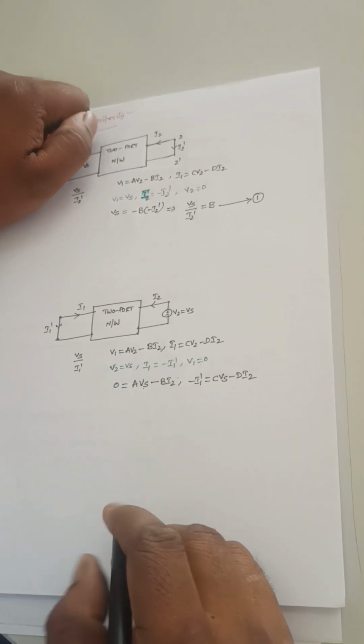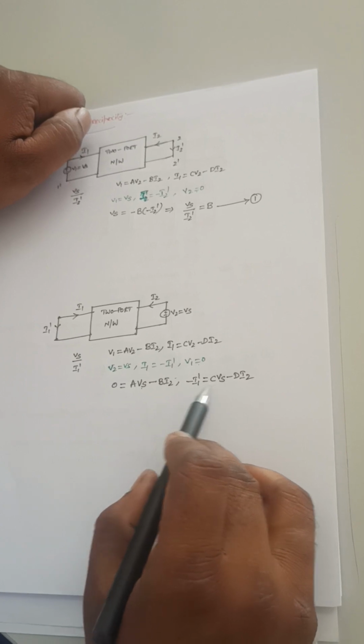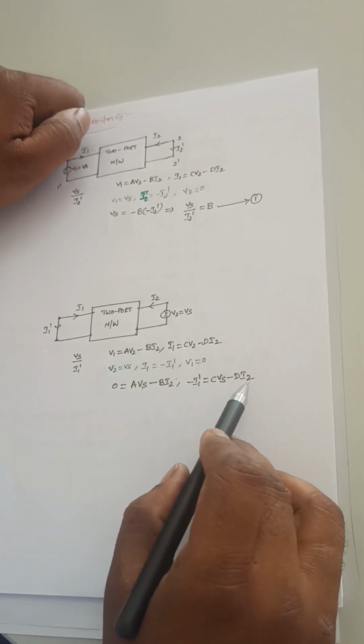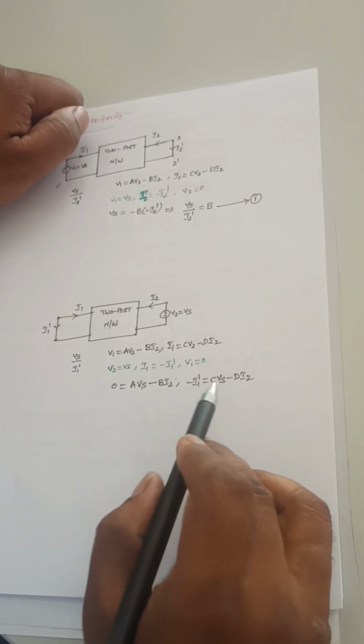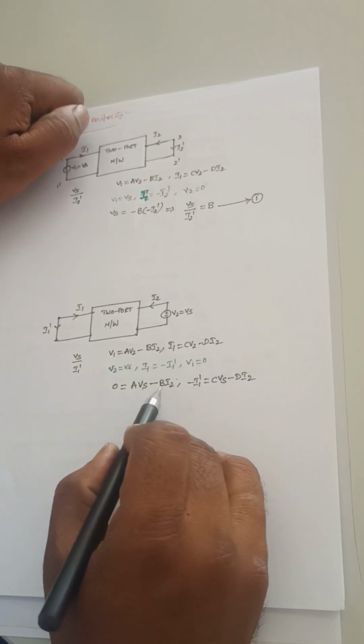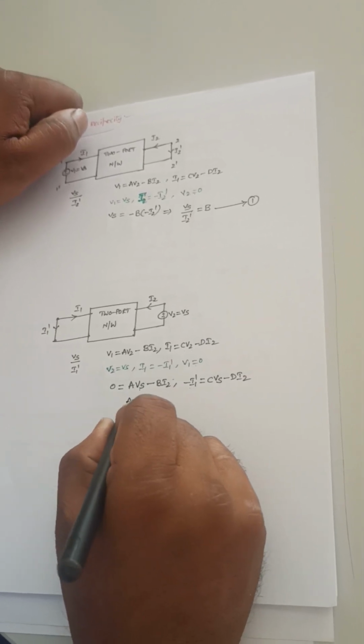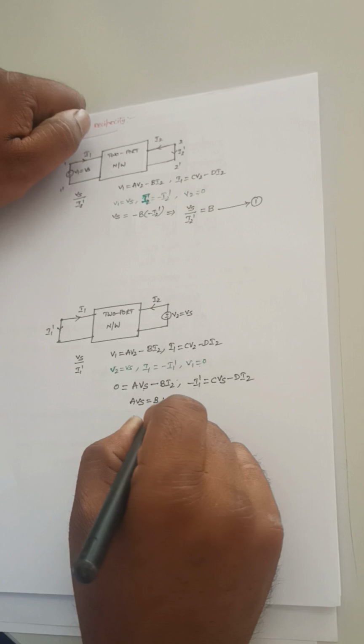What I need to find here is the value of Vs by I1 dash. So I should convert this I2 in terms of I1 dash and Vs. From this I can find A Vs is equal to B I2.